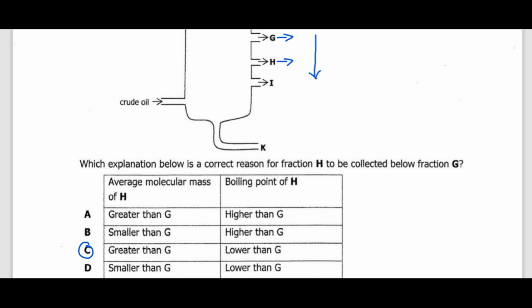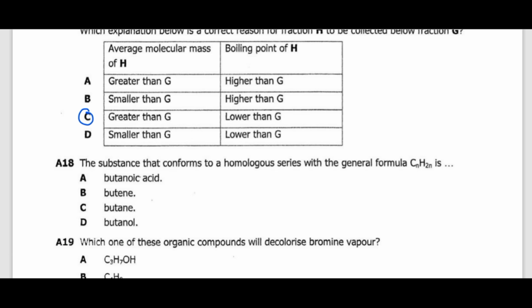H has the greater average molecular mass than G, but in terms of boiling point, the one on top has the lower boiling point than the one below.